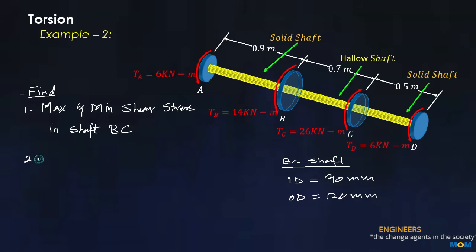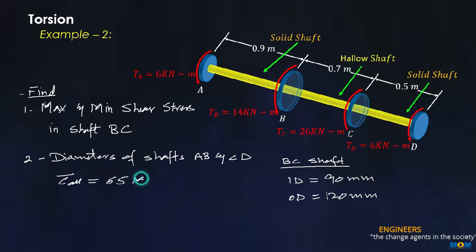Further, we have to find the diameters of shaft AB and CD, provided that the value of tau allowable is 65 megapascal.